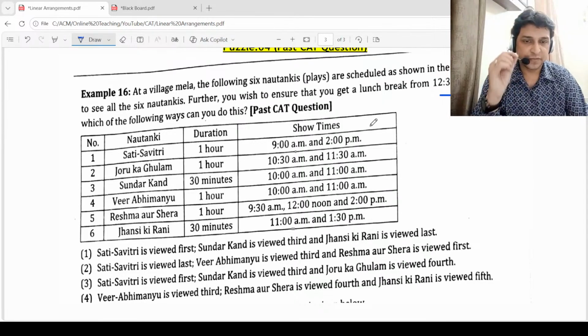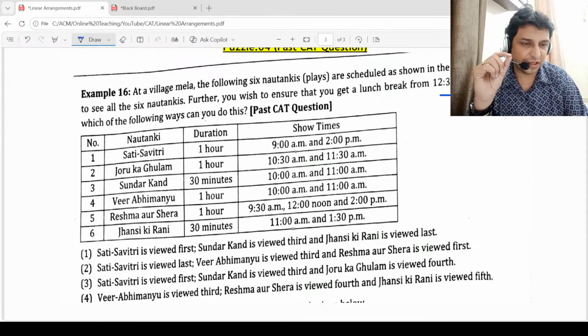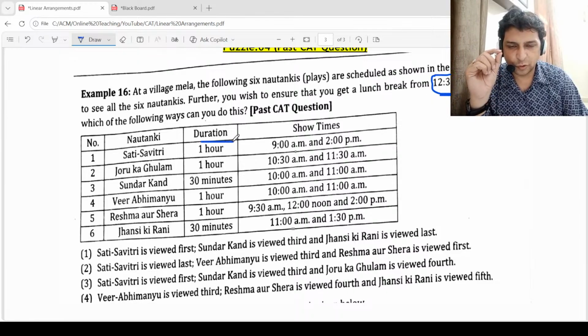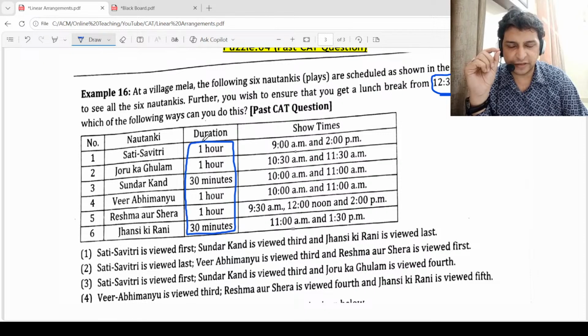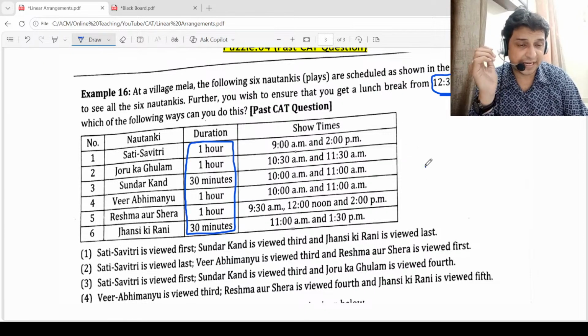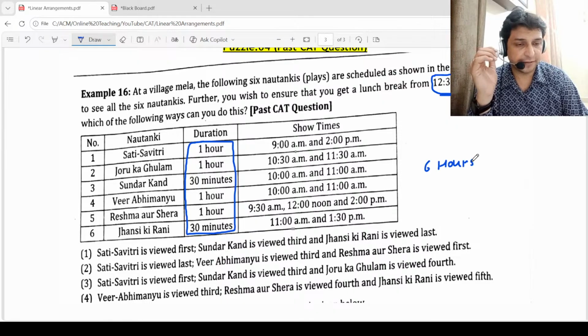Now pick up the basic information. 12:30 to 1:30 p.m. is the lunch break, 1 hour. All these Natakis are going to take a total of 6 hours you have to consume, including the lunch break.